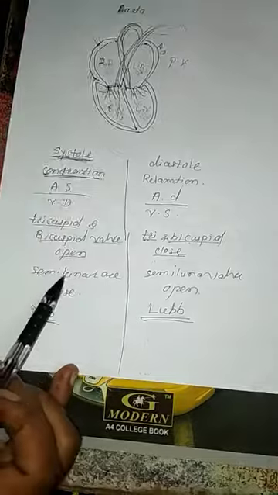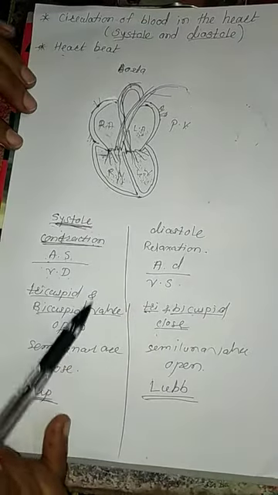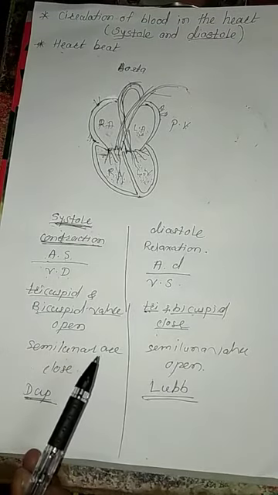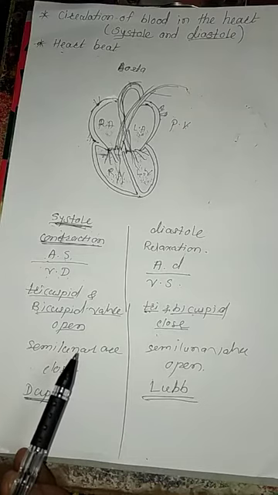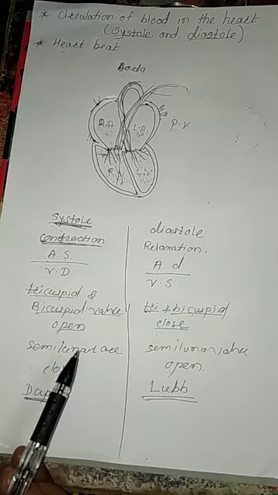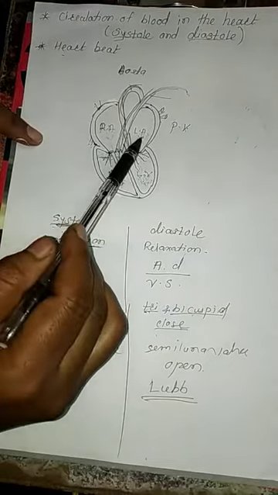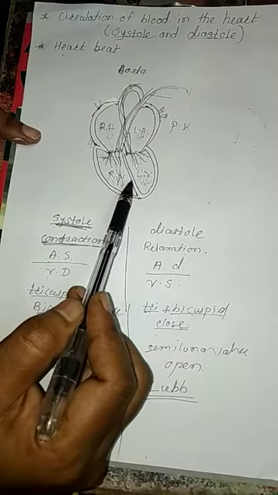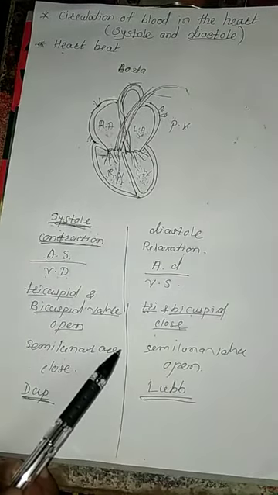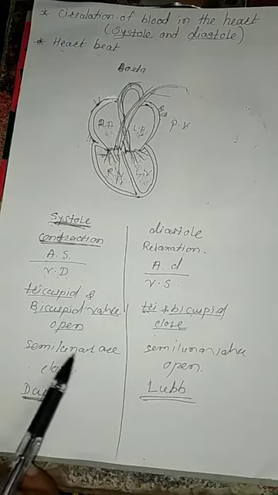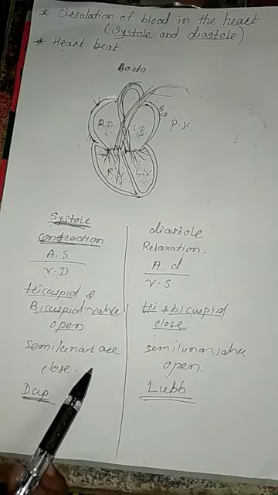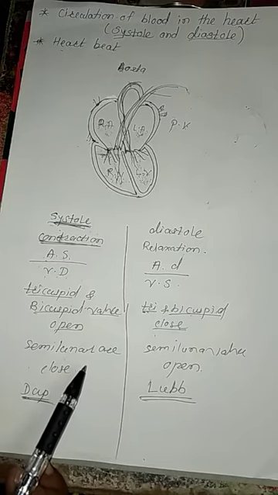Got it, student? That is the circulation of blood, and how the systolic phase and diastolic phase, both systole and diastole, complete within 0.85 seconds. This is called one heartbeat.